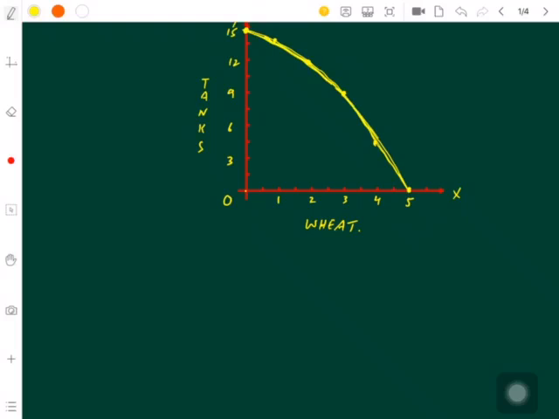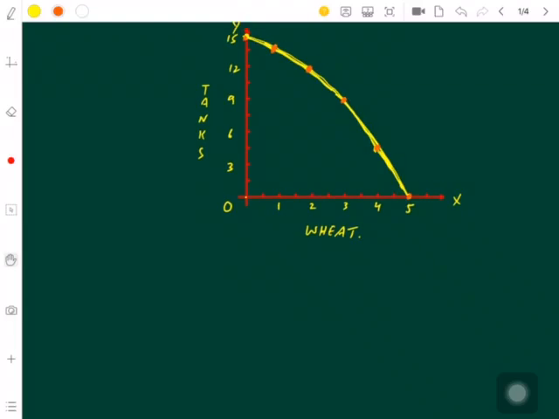This is how your curve will look like. So all these things we have been talking about, these are the possibilities, these are the combinations here on this production possibility curve. So from the features of the production possibility curve, we are now able to explain it.